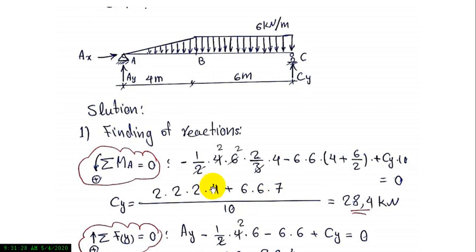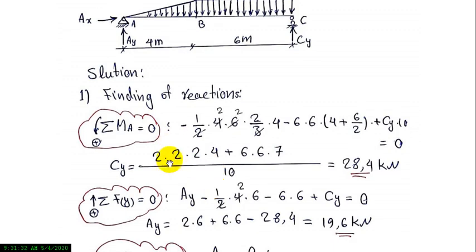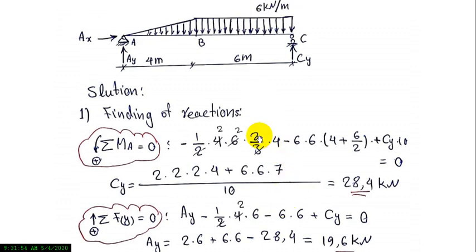Now we want to calculate Ay. The upward direction I accept as positive. Ay minus 1/2 of the area of the triangle, 4 times 6, and minus, because it is in the downward direction, 6 times 6, plus Cy equal to 0.